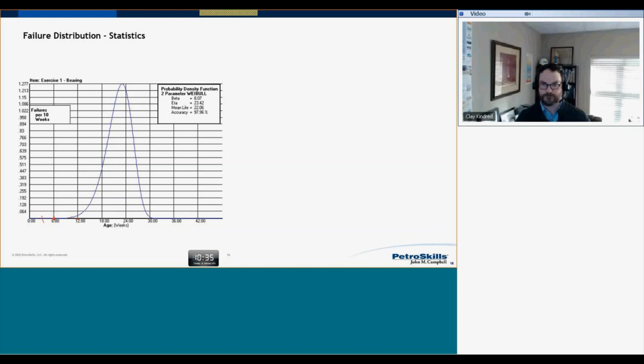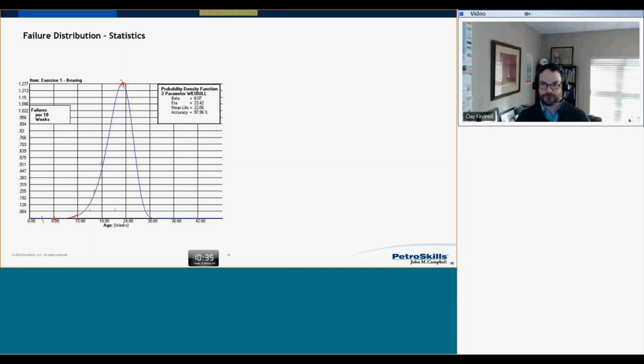And what we start to get is just a few. As we get to older and older pieces of equipment, older and older bearings, what we find is the probability of failure increases. That's because we've actually seen failures of this piece of equipment until we reach a peak.